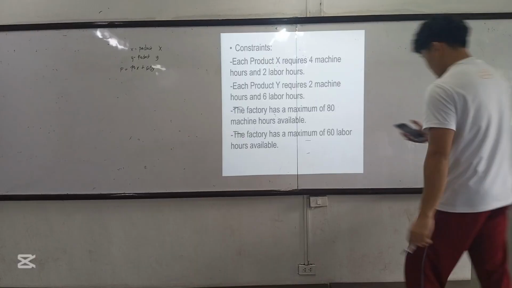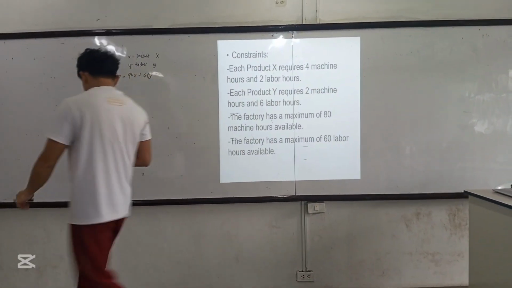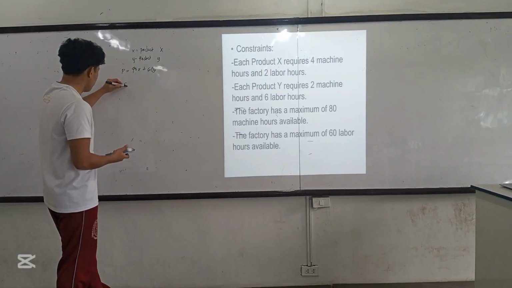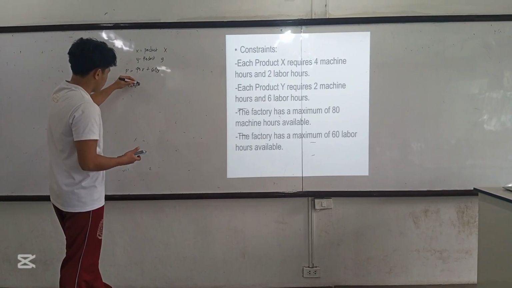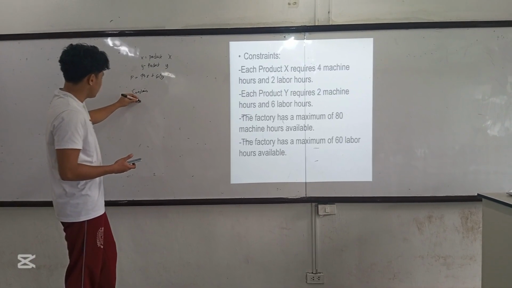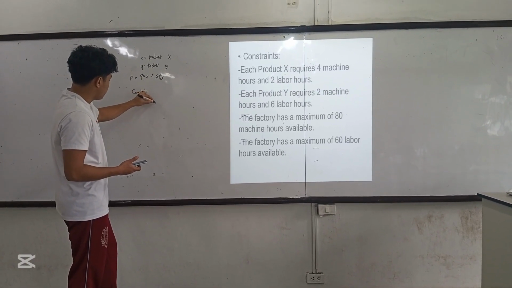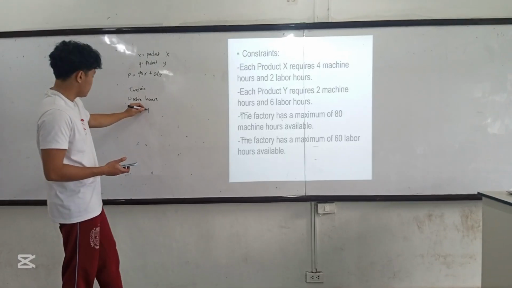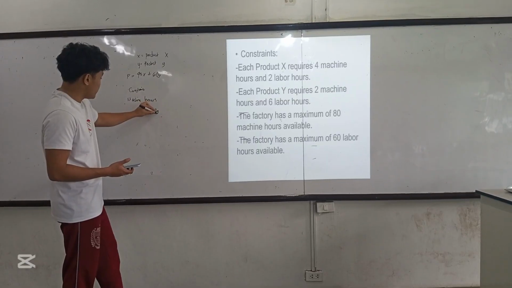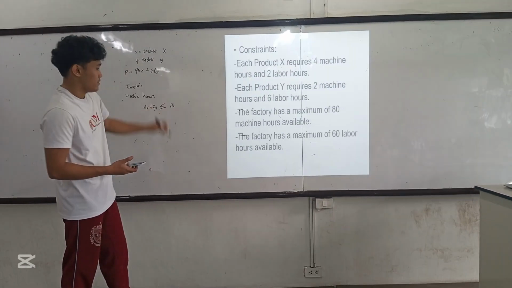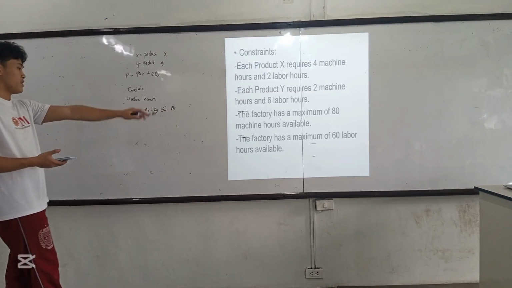Next we must write the constraints. For our machine hours, we have 4x plus 2y is less than or equal to 80, our maximum hours available.